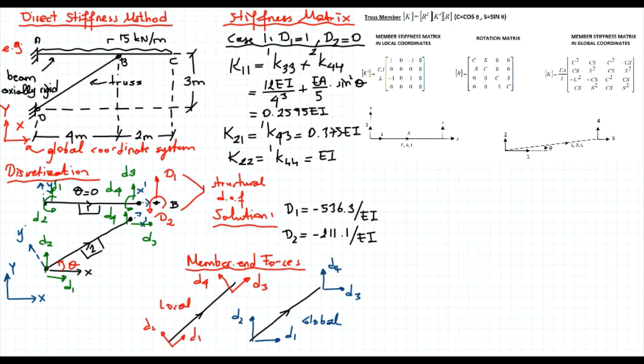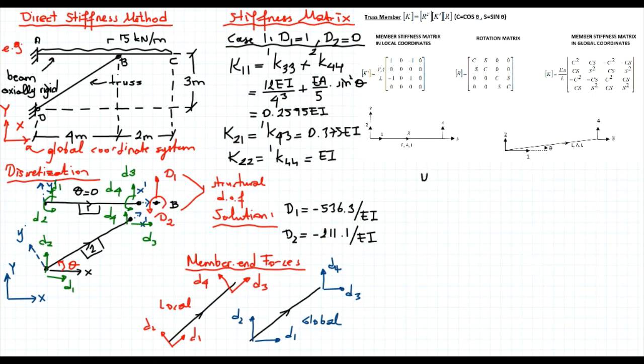So these are the global, and these ones are the local. What do we know about the displacements of this member? We know that point B translates in the upward direction by this amount. So for the truss member, we know that d4 in the global direction is equal to minus 536.3 divided by EI. So let's write it down.